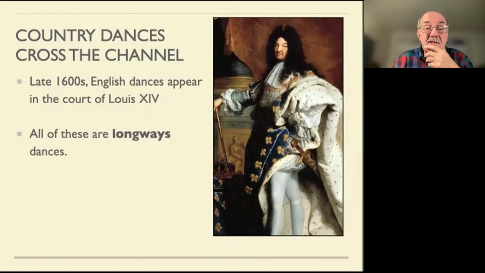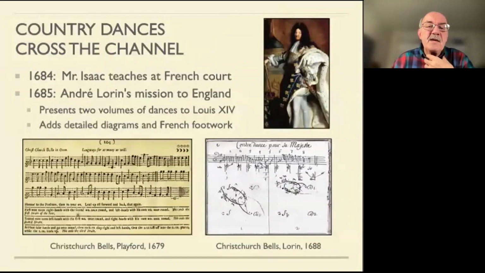Louis is interested in these dances, and in fact, he sends André Lorrain on a mission to England in part to report on what he has found about dances and how they are doing there. And Lorrain brings back 2 volumes of dances. And here's a dance called Christchurch Bells, as it appeared in Playford, 1679. And this is Lorrain's manuscript of the same dance, and he's added footwork because he finds the English are notoriously weak at footwork.